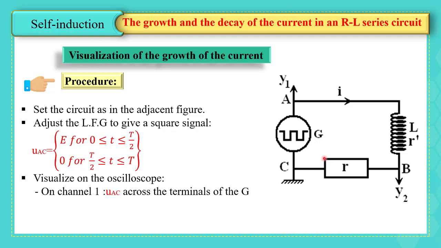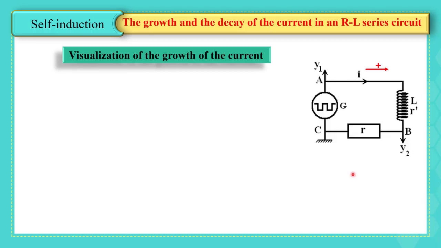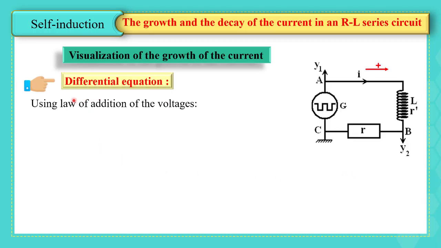And on the screen of the oscilloscope, we are visualizing on channel 1 UAC, which represents the voltage across the terminals of the generator, and on channel 2 the voltage UBC, which is the voltage across the terminals of the resistor.